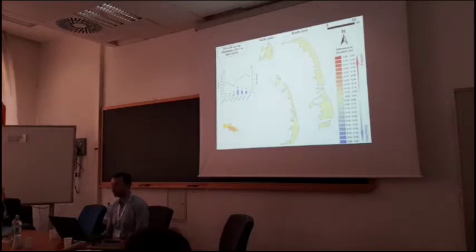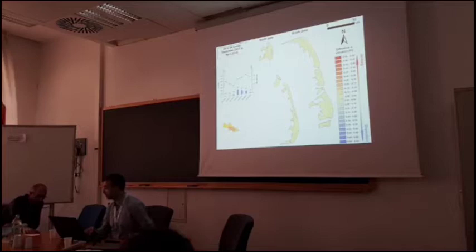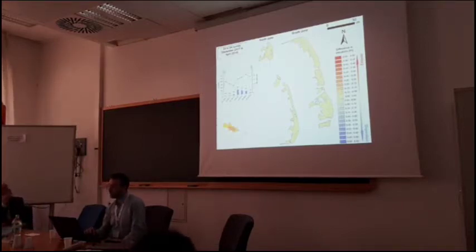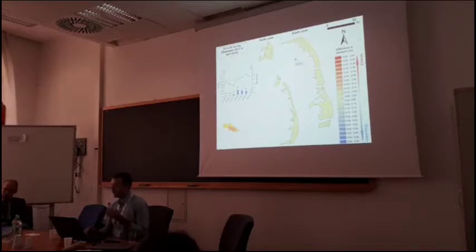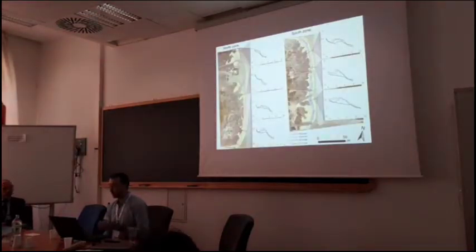And from the third to the last survey, again we had less modification, with a light blue area here that, if you notice, is closer to the landward limit, so closer to the stabilized dune.